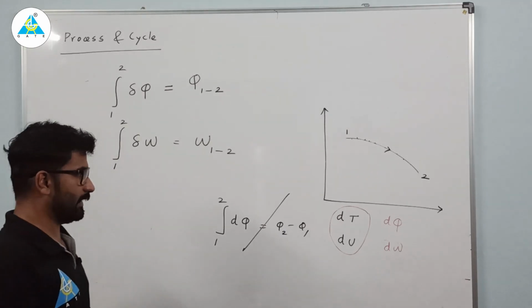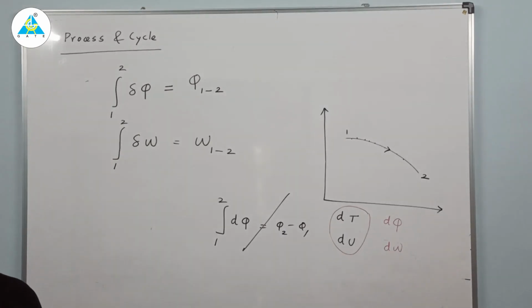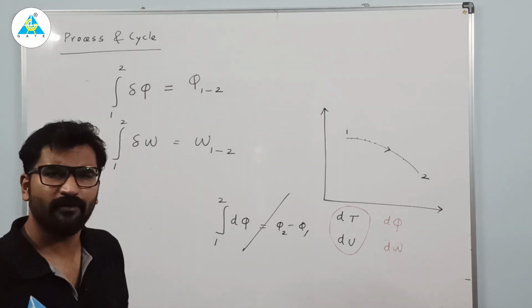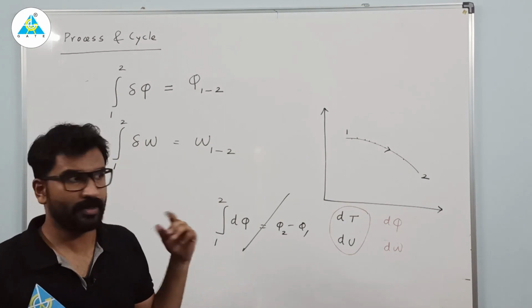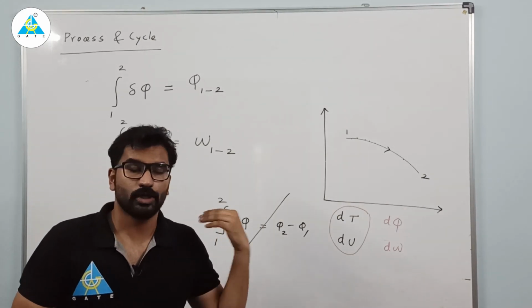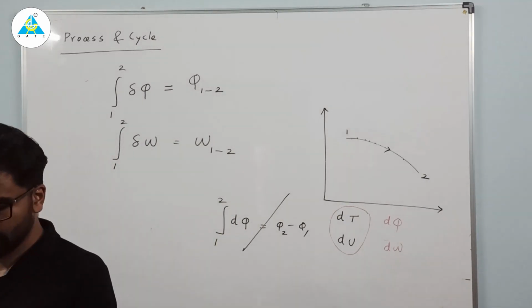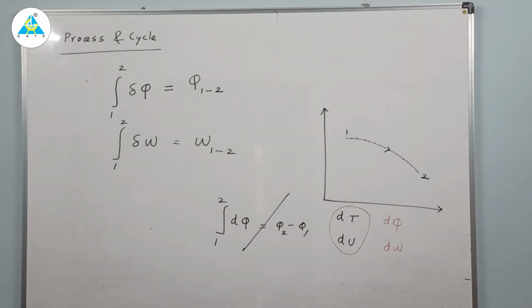Clear? So this is the meaning. This also you need to understand. That is the difference between your state function, path function, etc. Clear? So in chemical engineering, or in thermodynamics, we have only two path functions, that is heat and work. Clear? All the other properties are state functions, right? So you have to remember that. Clear?